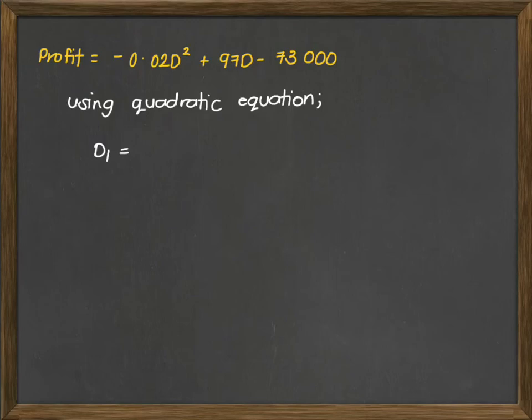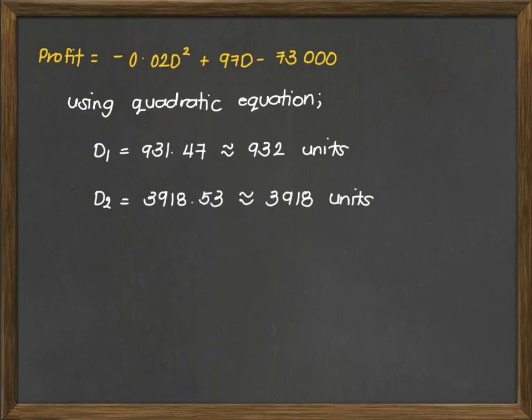So D1 is 931.47, or 932 units since we rounded up. And then the second demand is 3,918.53, so we round it down, or we just drop the decimal points.